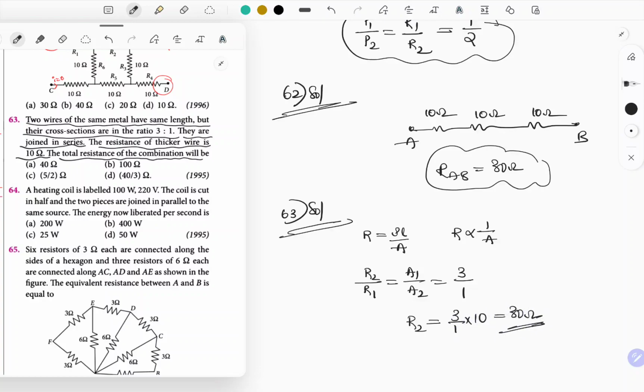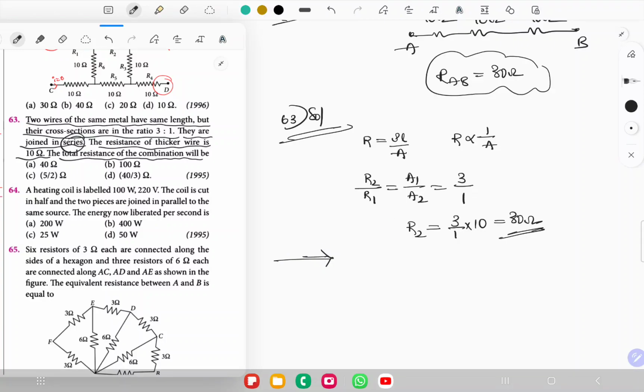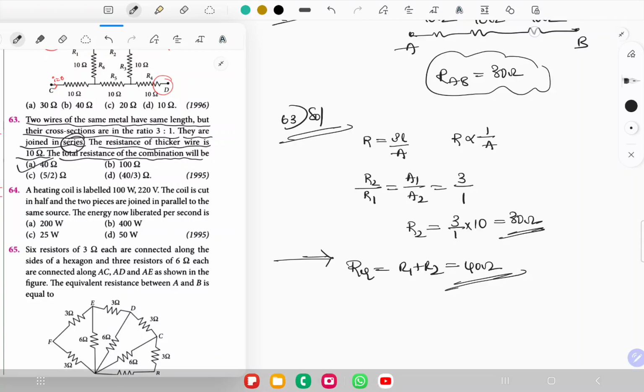This is the resistance of the thinner wire. Now the question they are asking is the total resistance of the combination. They said they are connected in series combination, right? If they are connected in series, then what's going to be R equivalent? R equivalent is R1 plus R2, which is equal to 40 ohm. R1 is 10 ohm, R2 is 30 ohm, which is equal to 40 ohm. Which option? Option A is the correct answer.